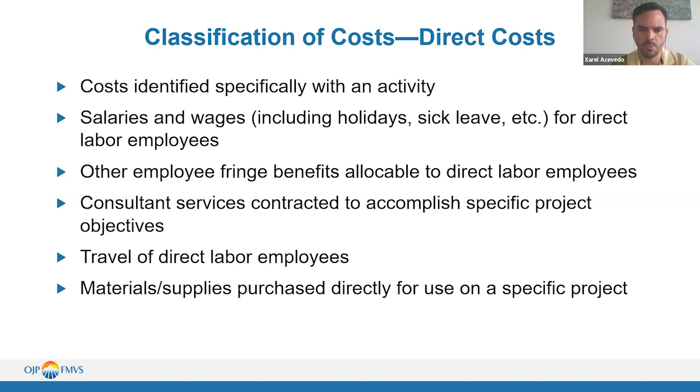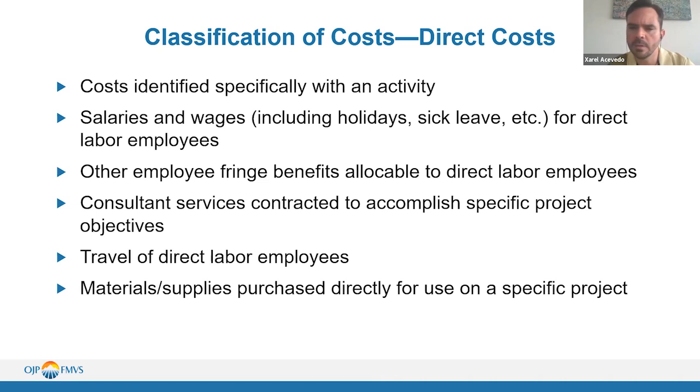So, like I said, we're going to cover the classification of costs. Specifically, we're going to start with direct costs. They can be either direct or indirect. And when we talk about direct, we say that these costs can be identified specifically with an activity. For example, if you have a grant manager that works on one specific grant or two specific grants, it can be traced back to it.